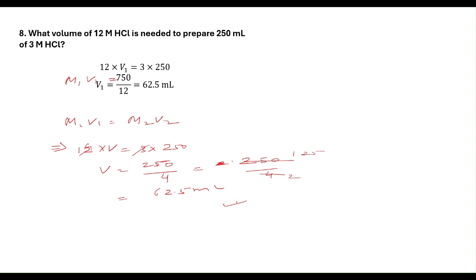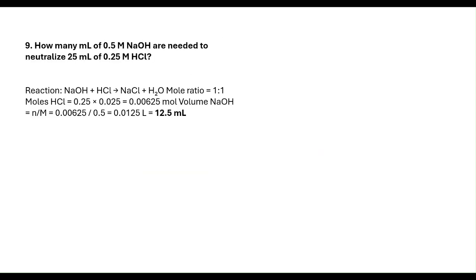So this much volume of 12 molar HCl is needed to prepare 250 ml of 3 molar HCl. The rest will be water, added to make it 250 ml. Then I will move to the next question.